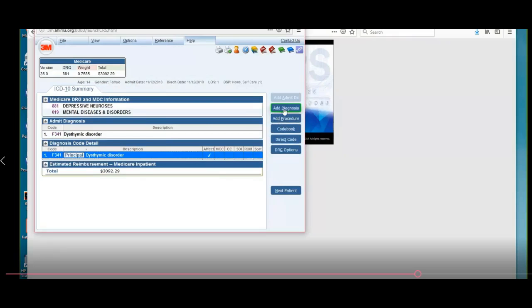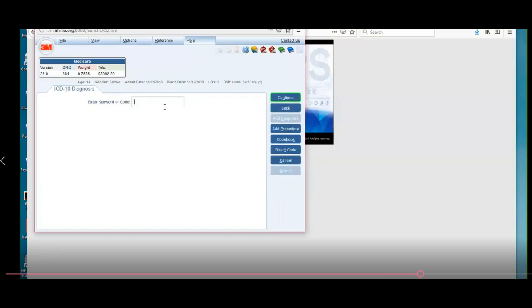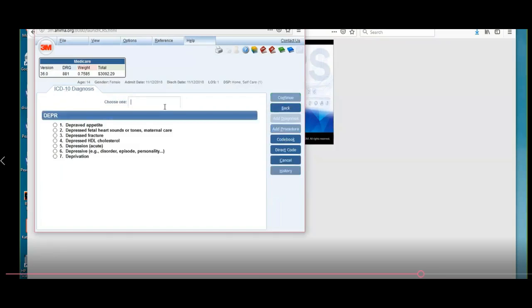So the next code that we're going to do is that depression. I'm hitting add diagnosis, but my screen isn't doing anything. So hopefully there's just a lag in time here. There we go. So depression, so I'm going to pick 5.